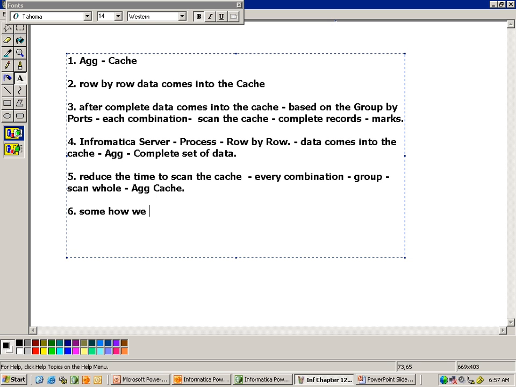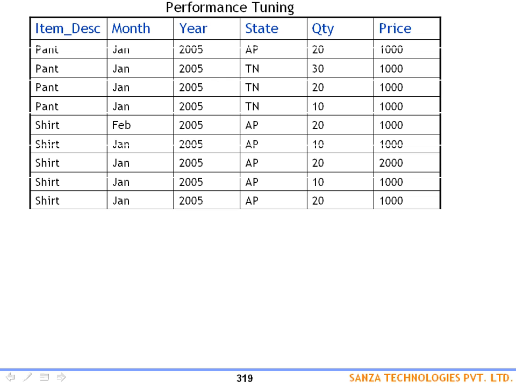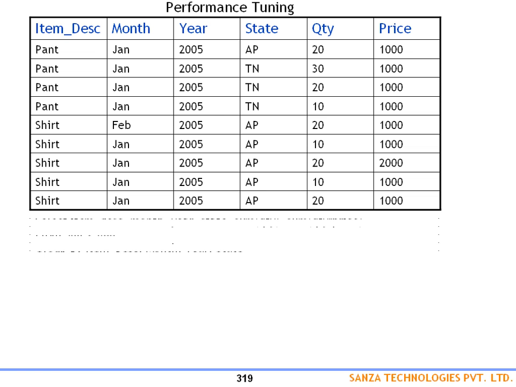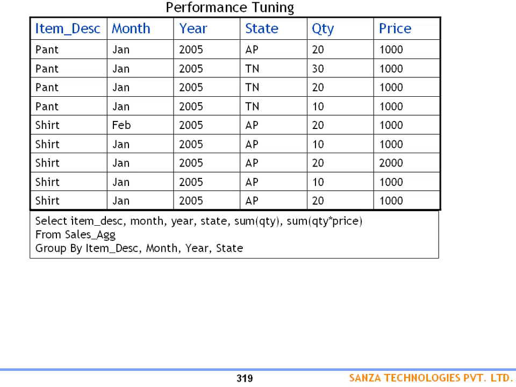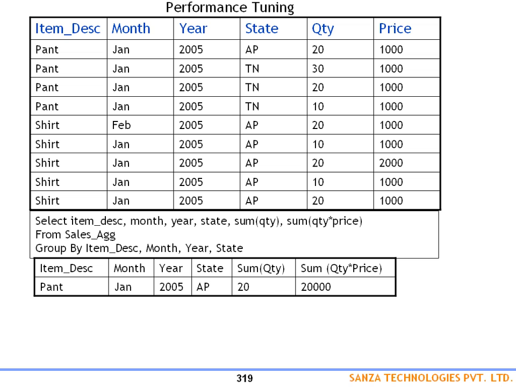The solution for this is that somehow we get the data into the aggregator cache ordered by the group by ports. If you get the data ordered by the group by ports, the same records come together, but you should order by and get the records.